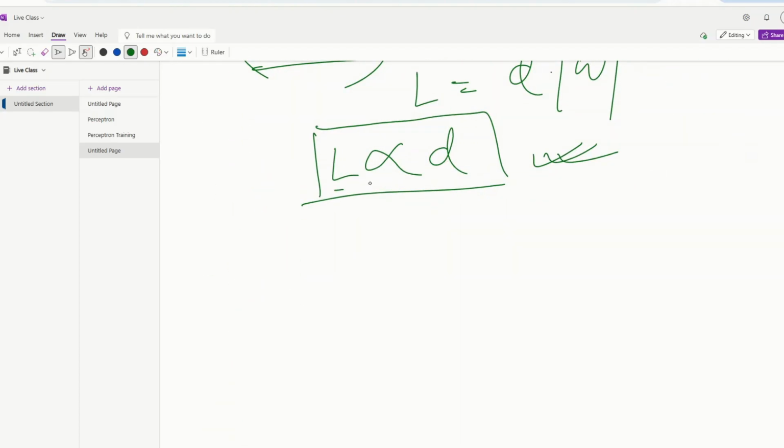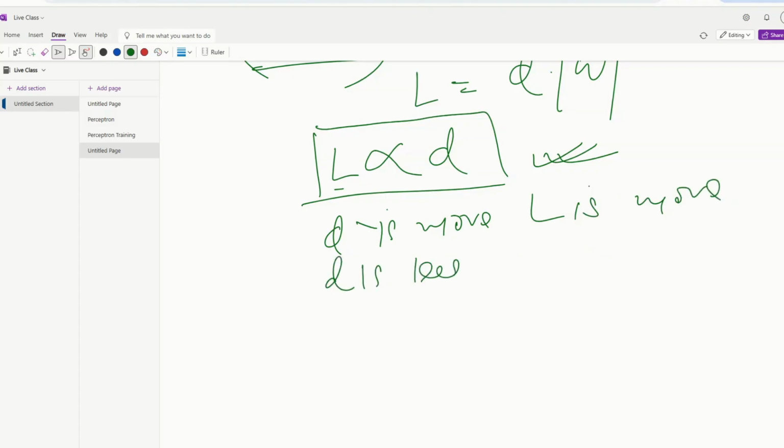If d is more, then the loss will also be more. Or vice versa, if the distance is less, then the loss will also be less. Very simple.